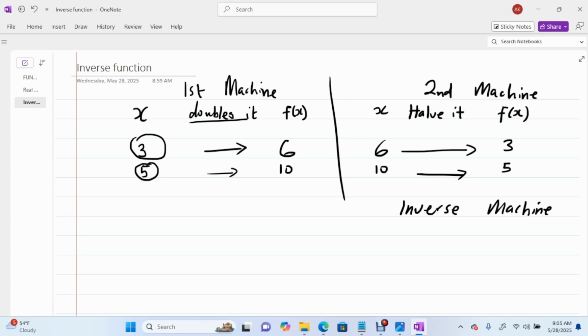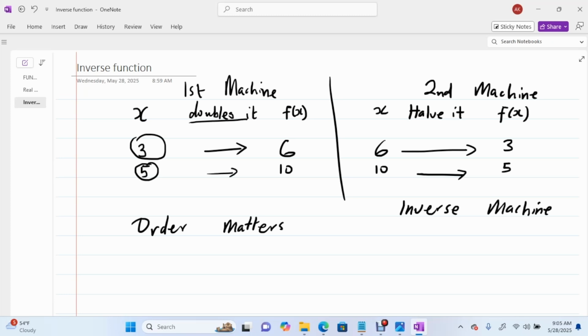You cannot take off the socks first, so the order matters here. If there is a message that is encrypted, the inverse will be decrypting that message. If you are locking a door, the inverse will be unlocking it.